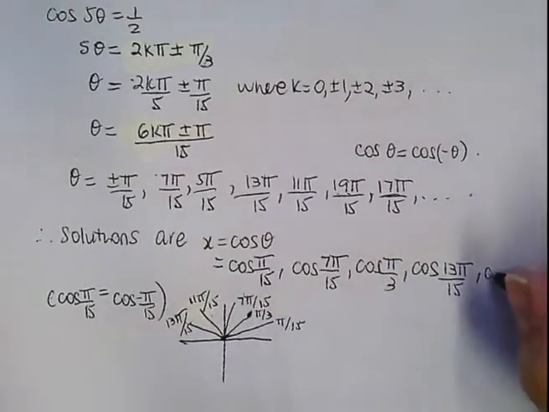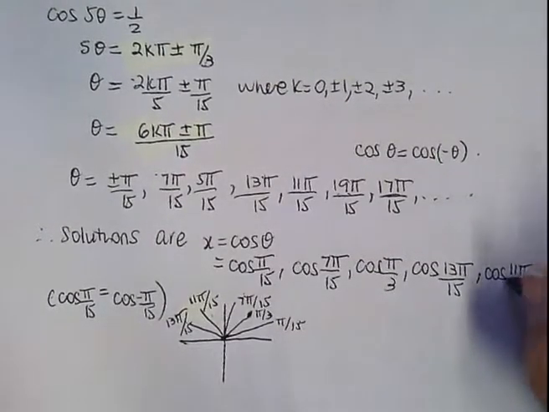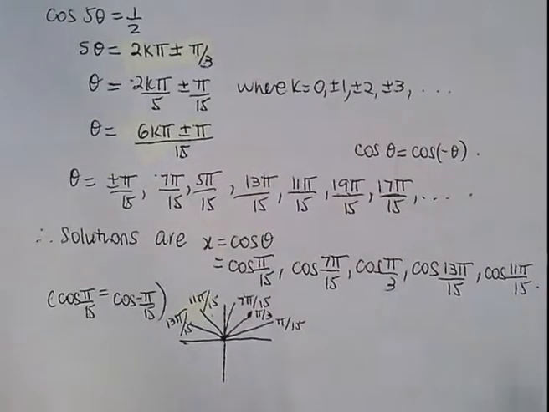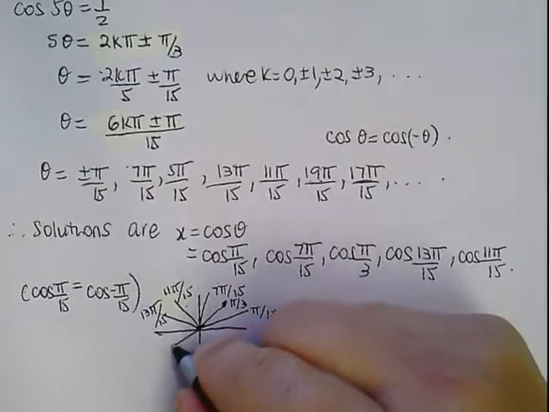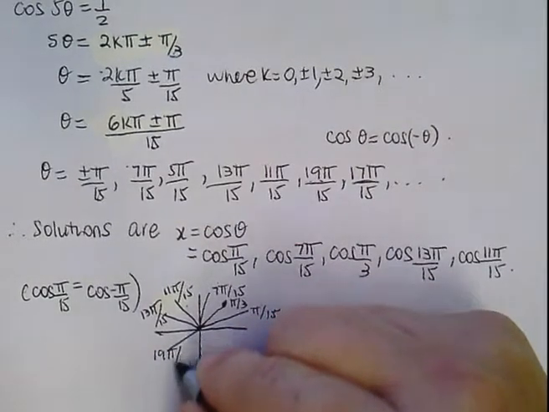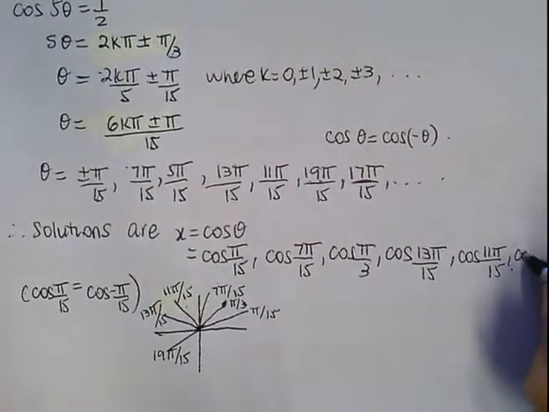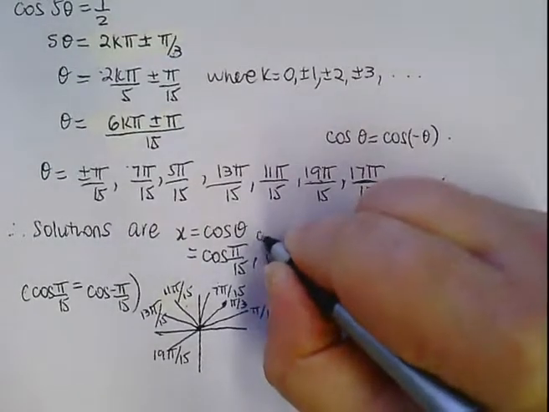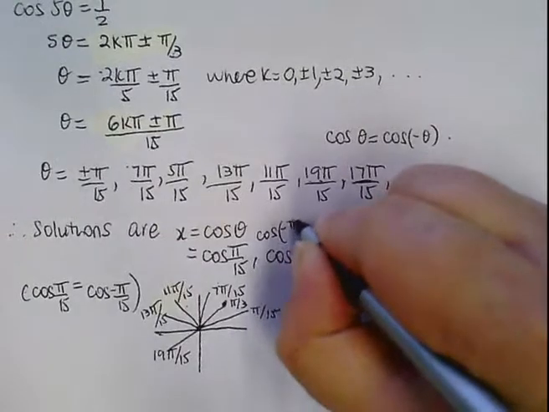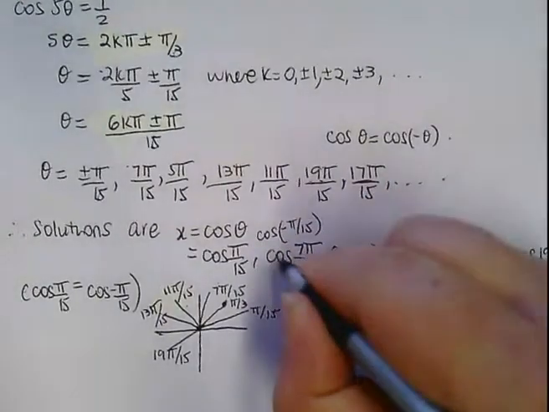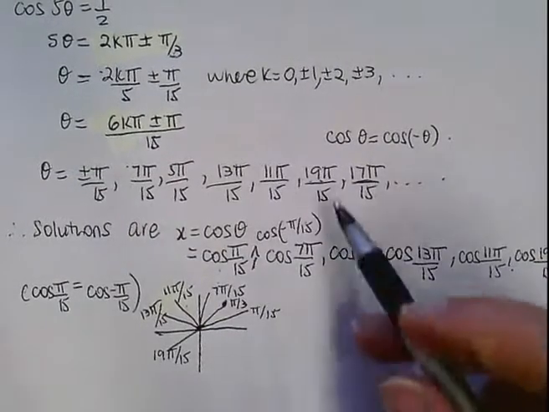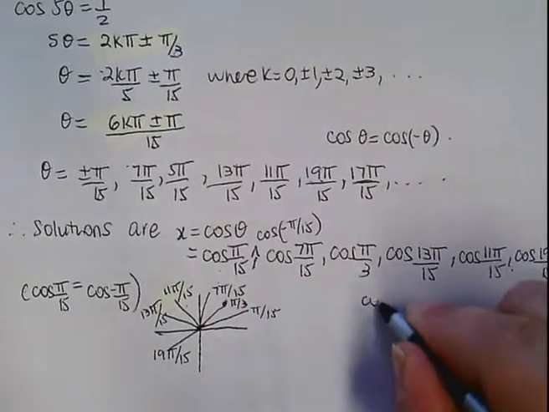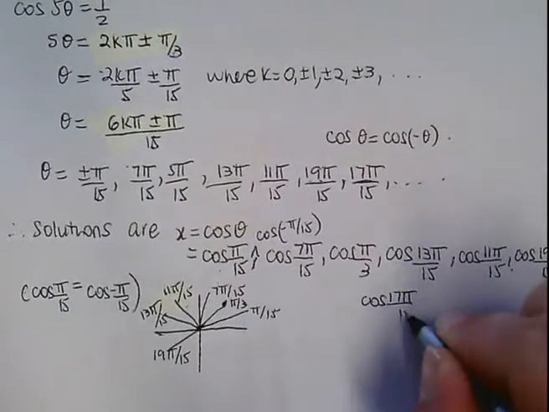So we've got cos of 11 pi on 15. Then cos of 19 pi on 15. Actually, I can put this cos of negative pi on 15 there, and we'll just show on the next line how those two are the same. So cos of 19 pi on 15 and cos of 17 pi on 15.